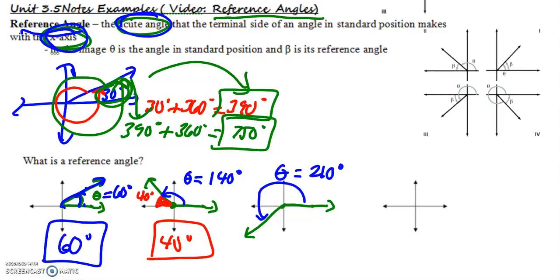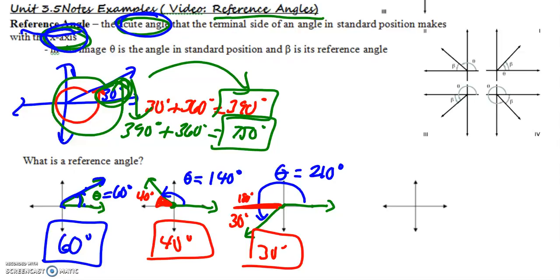So I ask myself, what is the closest x-axis that I see? Well, this looks like a pretty close x-axis, and we know that that is really related to 180 degrees. So if this angle is at 210 and this is at 180, it means that the difference between those two angles is 30 degrees, so 30 degrees would be my reference angle.